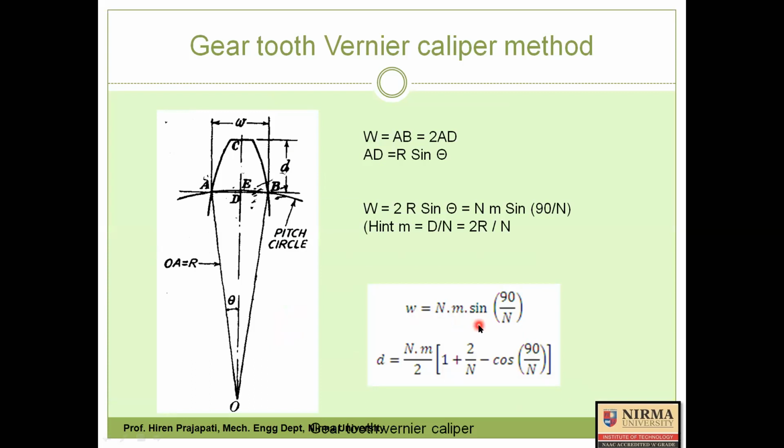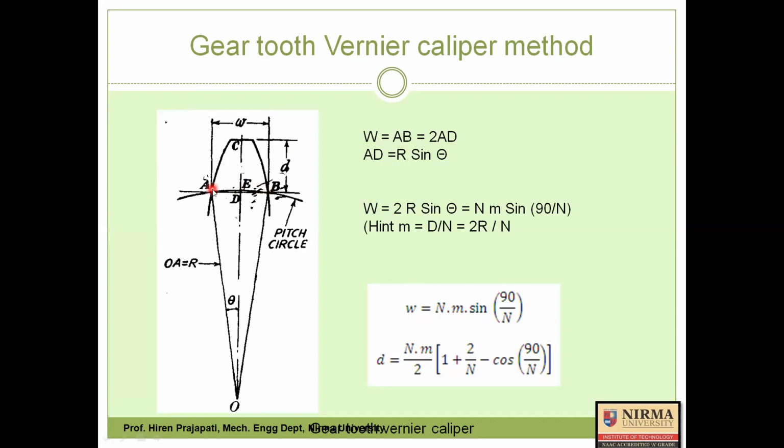If you take the difference between the practical value and the analytical value, then that will give you the difference in the chordal thickness. And if there is a difference in the chordal thickness, then that is an indirect indication that there is also a difference in the actual gear tooth thickness.